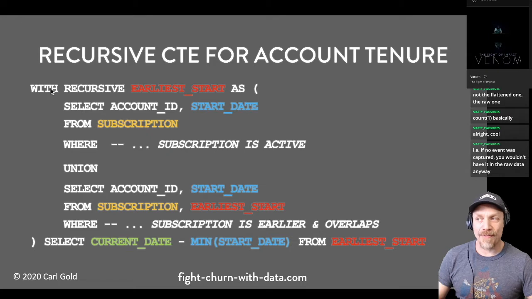So you have the recursive statement, which tells the SQL engine that this is going to be a recursive query. And then there's an initialization, which is the top select, and then there's the recursive query, which is the bottom part. The top select initializes by finding for each account the start date of the currently active subscription.